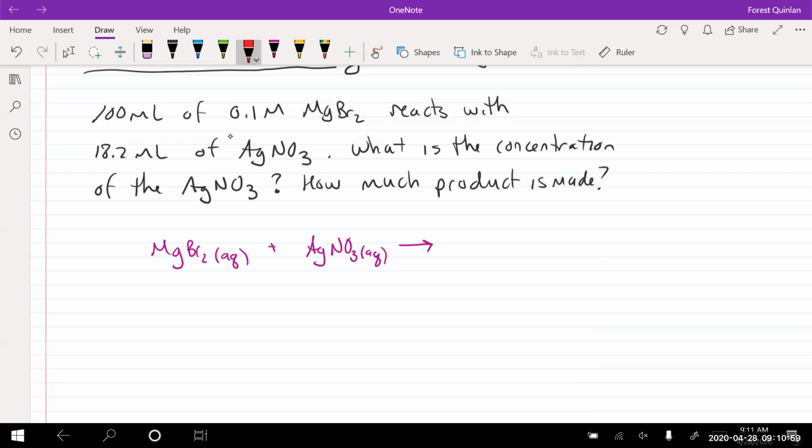And hopefully you guys recognize that this is the good old-fashioned double replacement. And so we'd end up with MgNO3, which has to be aqueous because all nitrates are soluble, and some silver bromide. And so if one is soluble, the other is not. And then we'll go ahead and we will balance it out.